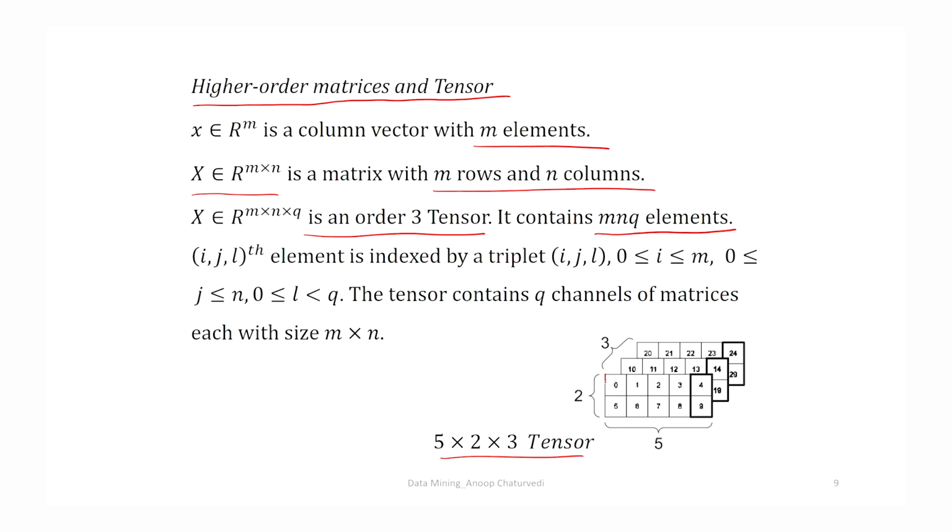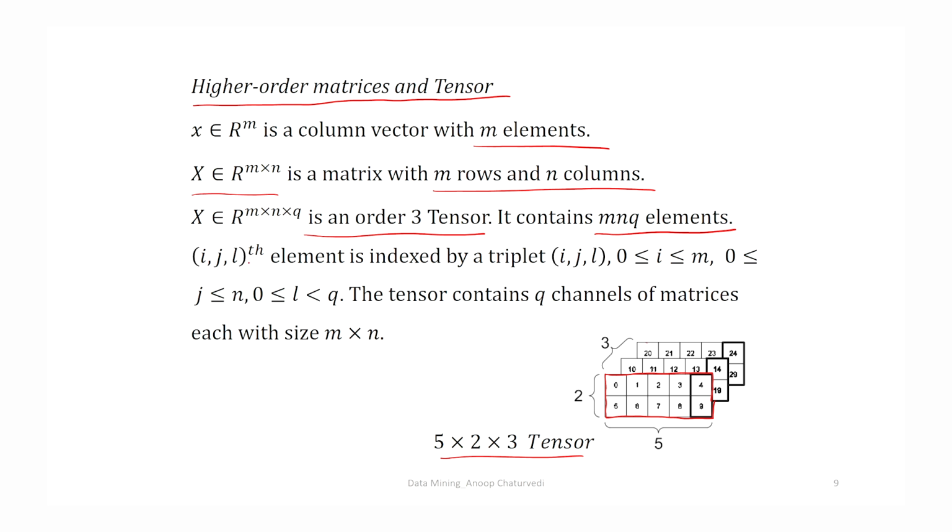So, this is your 5×2 matrix, and then you have 3 layers arranged like this. This is a 5×2 matrix, then you have a 5×2 matrix here, then you have a 5×2 matrix here. So, ultimately you get a 5×2×3 tensor.